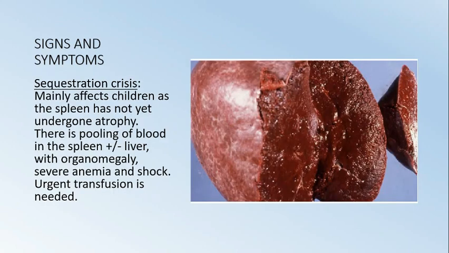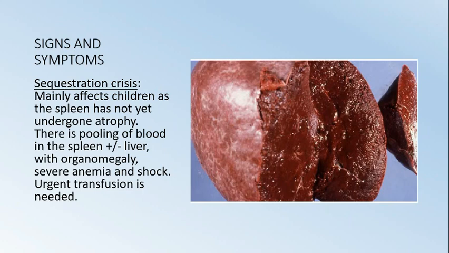Next is sequestration crisis, which is mostly linked with splenic sequestration and is very common, and sometimes the liver as well. It mainly affects children, as the spleen has not yet undergone atrophy. Repeated microinfarction can destroy tissues having microvascular beds prone to sickling.